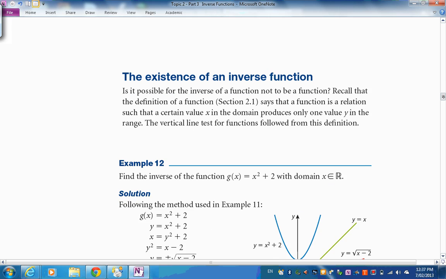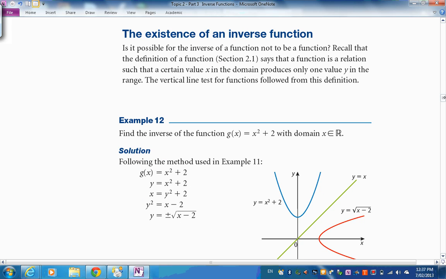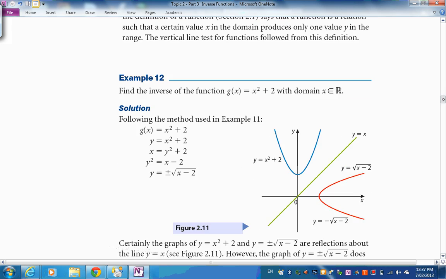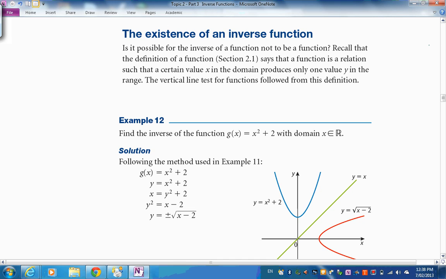All right, so let's have a look at the existence of an inverse function. The problem is, an inverse function, you think, well, all you have to do is interchange x and y and you'll get a formula. But what we have to do is to make sure it's a function. Is this result an actual function?